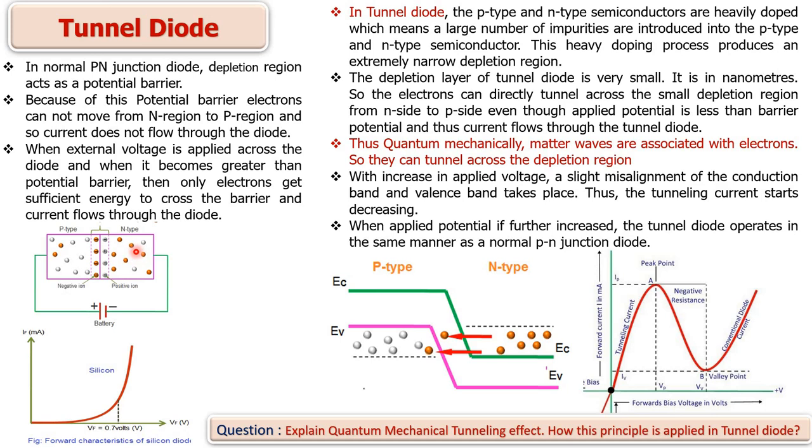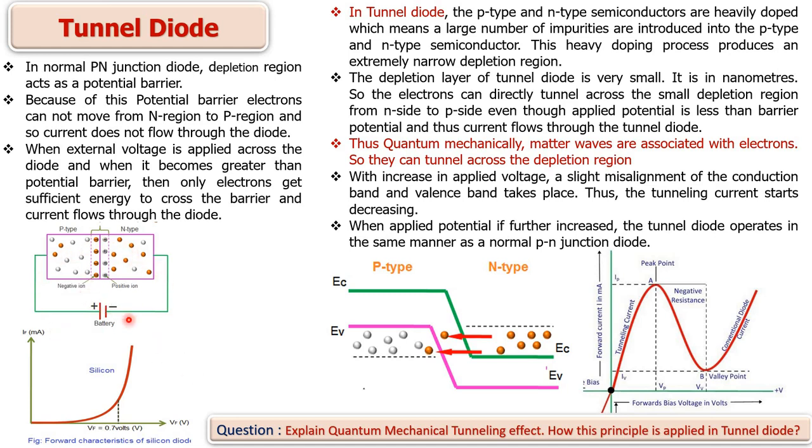If the electron's energy becomes greater than the potential barrier, it can overcome the barrier and move towards the P region. To increase the energy of the electron, we apply forward bias. Because of forward biasing, the electron's energy increases, and once it becomes greater than the potential barrier, it can cross the depletion layer and current flows through the diode.